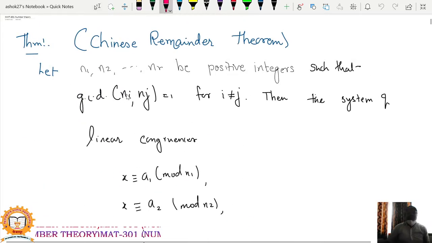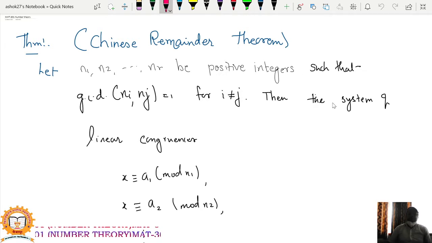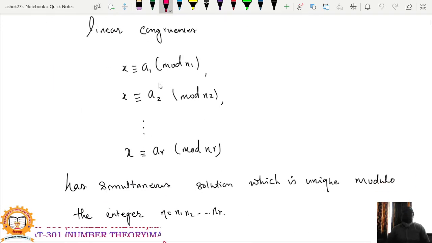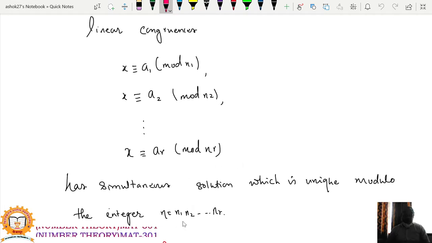So what is the Chinese remainder theorem? Let n1, n2 up to nr be positive integers such that GCD of ni and nj equals 1 for i not equal to j. Then the system of linear congruences x congruent to a1 modulo n1, x congruent to a2 modulo n2, up to x congruent to ar modulo nr, which is a system of r linear congruences, has a simultaneous solution which is unique modulo the integer n1 times n2 up to nr, that is n.